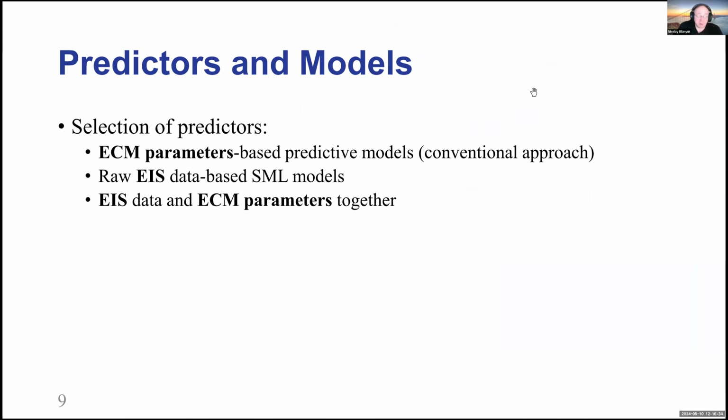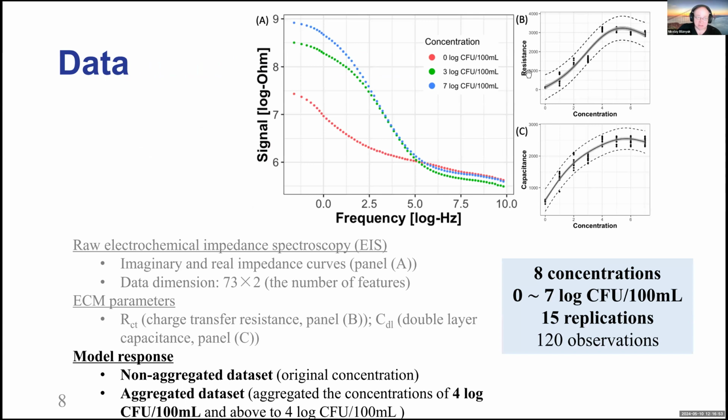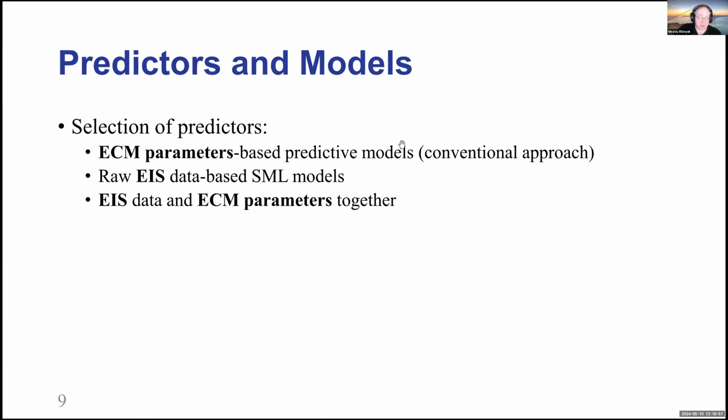In terms of models and predictors, we do not want to reinvent the wheel. We want to see how statistical machine learning methods pair with conventional approaches. The conventional approaches are nonlinear regression models based on the equivalent circuit model parameters. Once again, those parameters are resistance and capacitance. These, coupled with a nonlinear regression model, are used as the conventional or baseline approach.